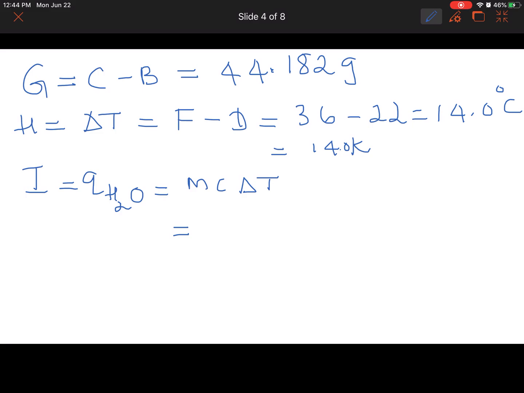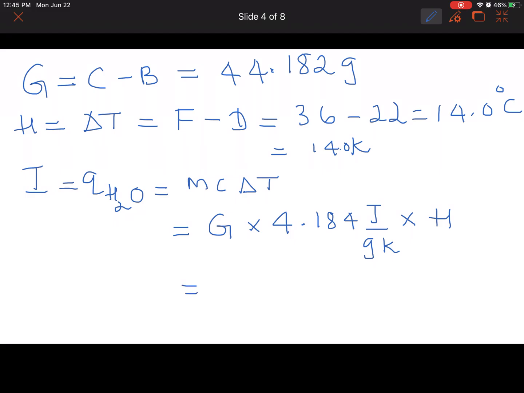The mass of the water is going to be G. So you use what you had written in your G. And then the C is the specific heat of water, which is given in your handout, 4.184 joules per gram per Kelvin, times the delta T. Where do we have the delta T for water? That is your H. So you multiply G times the specific heat of water times H.